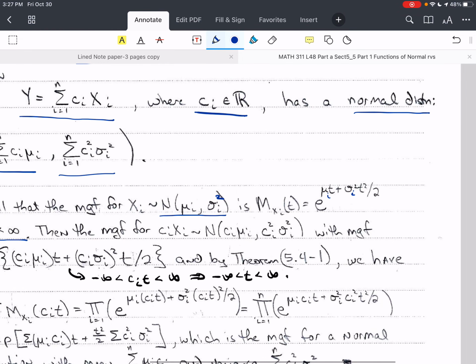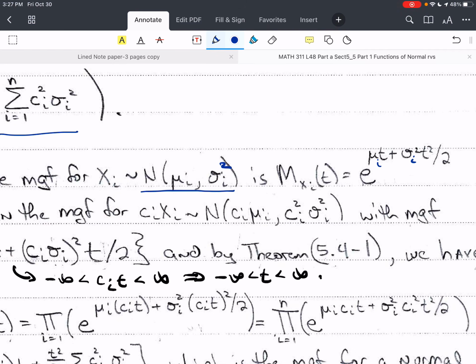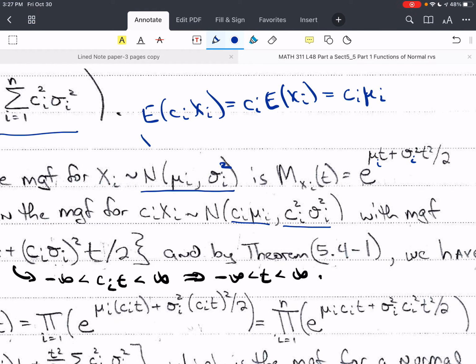Then the MGF of ci xi has a normal distribution, with mean ci mu i and variance ci squared sigma i squared. How do we know this? We take the expected value of ci xi, that's going to be ci times E of xi, which is ci mu i. And the variance of ci xi is equal to, we square and remove the constant, ci squared variance of xi, and that is equal to ci squared sigma i squared.